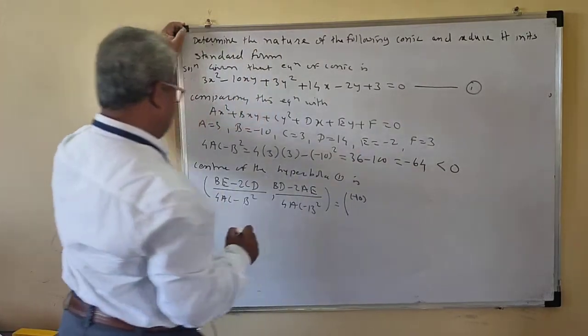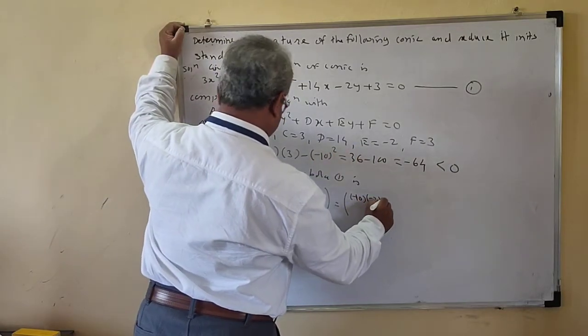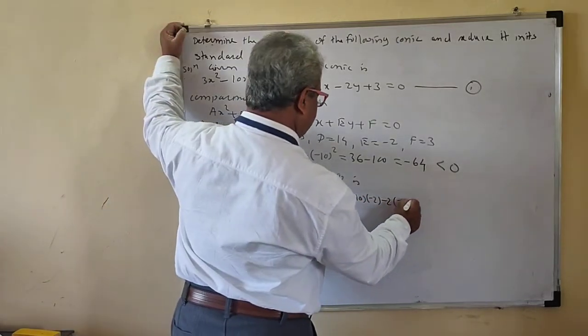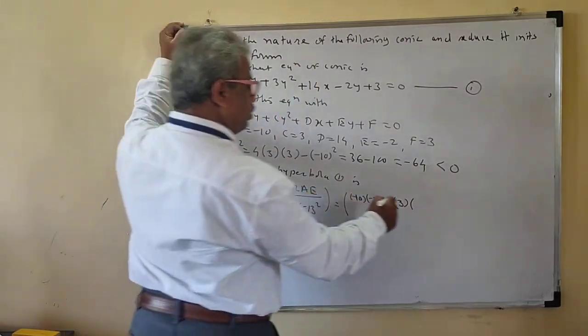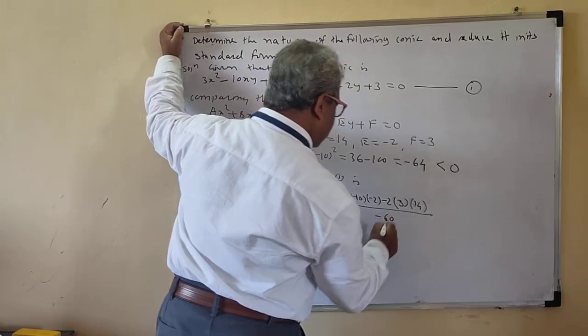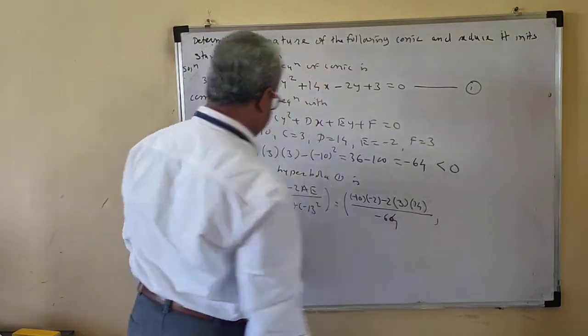B is minus 10, your E is minus 2, your C is 3, your D is 14, upon the value you got, minus 64.